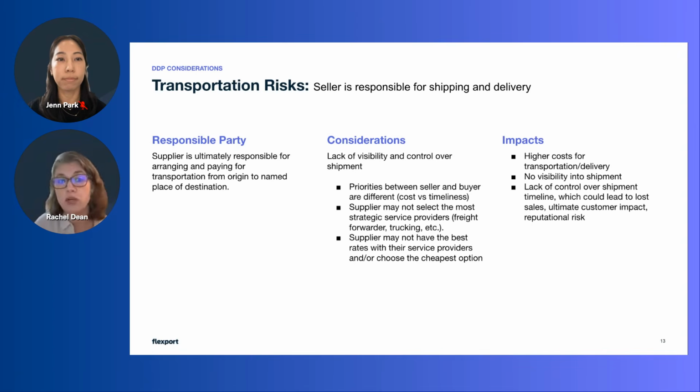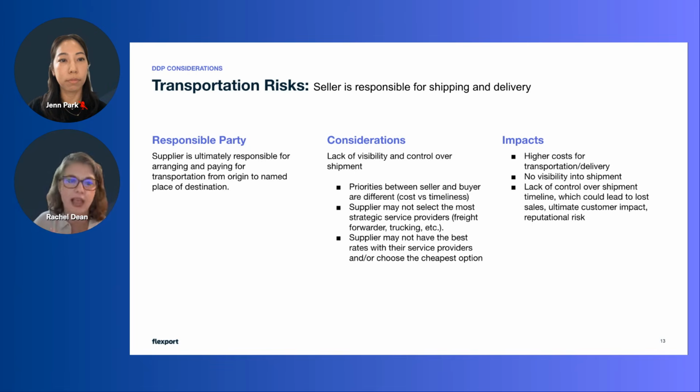But is that something that you really want to turn all that power and responsibility over to another party so you don't have that visibility? And if you're not a notified party on a bill of lading, you may not get any notices if there is a delay. So we're looking at turning all of our responsibility over to our supplier, and what the considerations are.